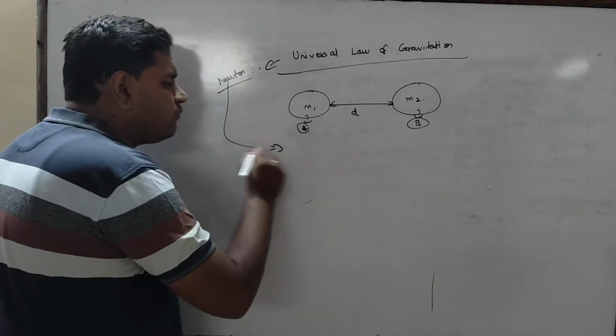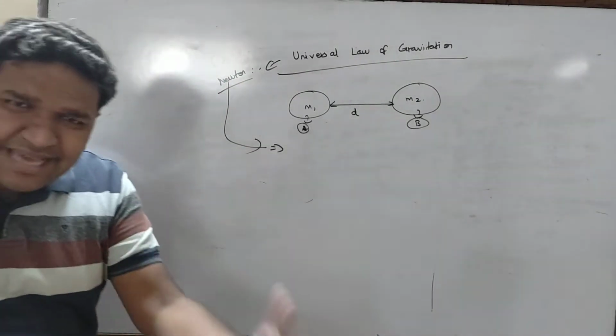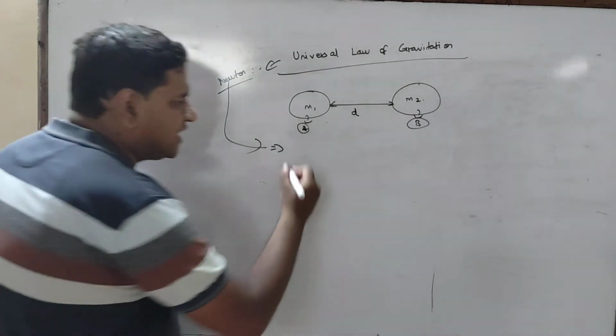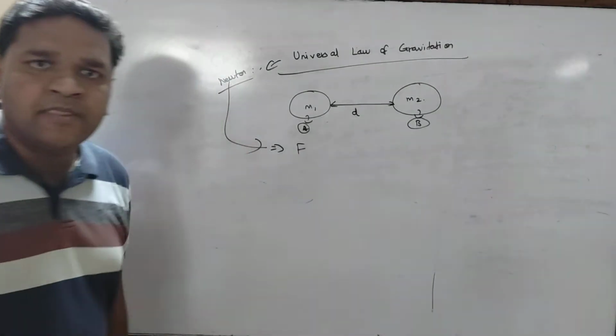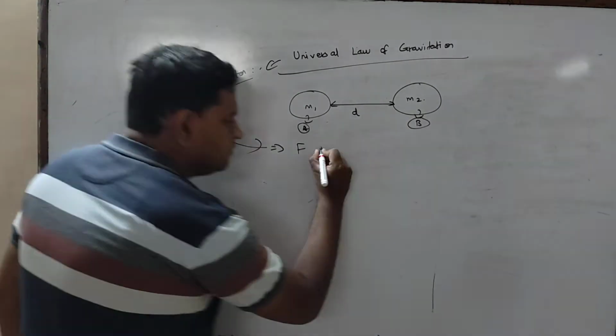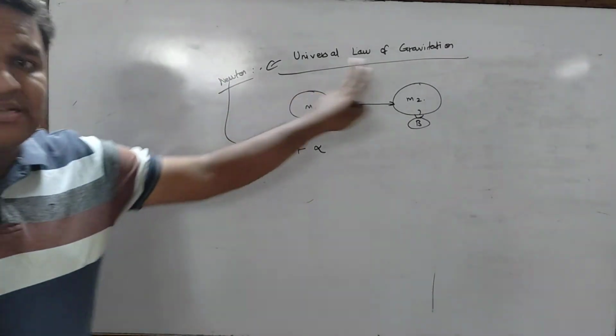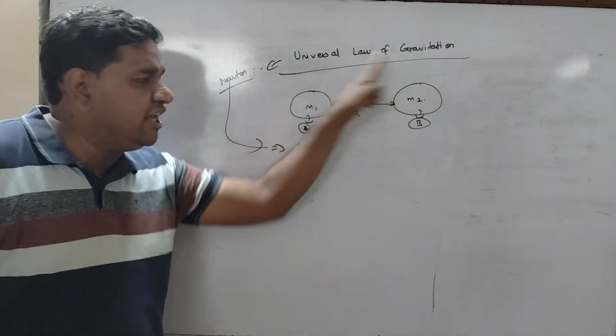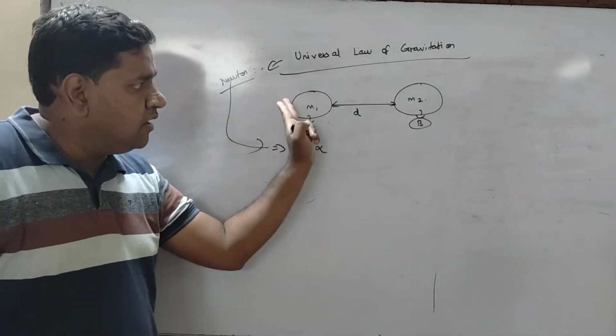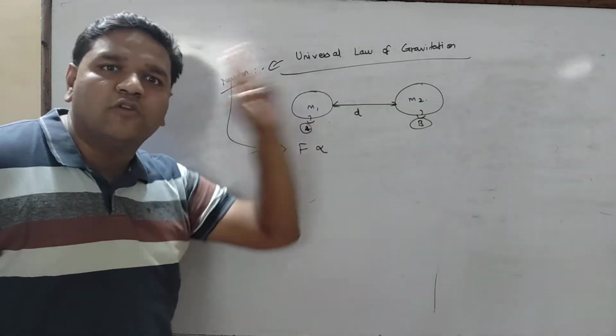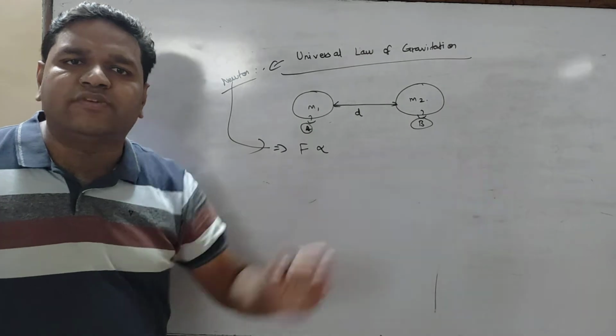What Newton makes is that the gravitational force is directly proportional to the product of the two masses between which there is a force of attraction.